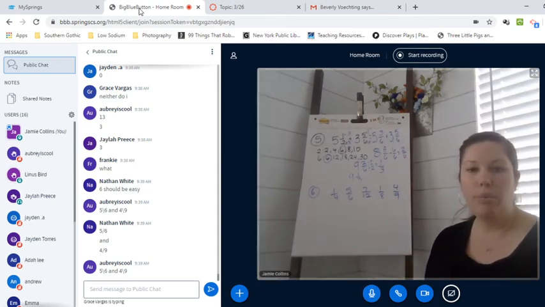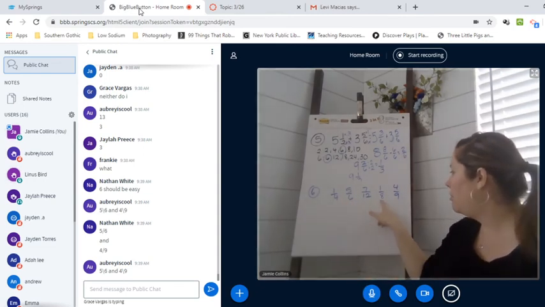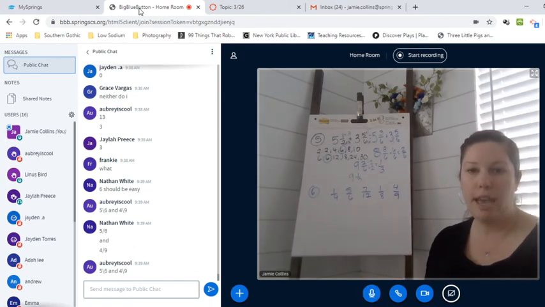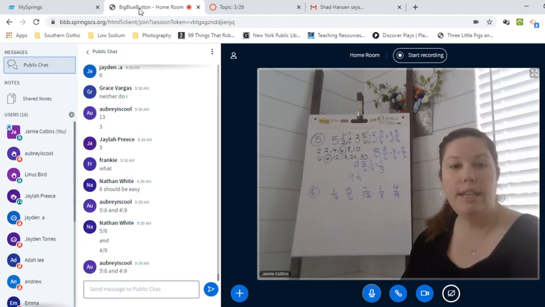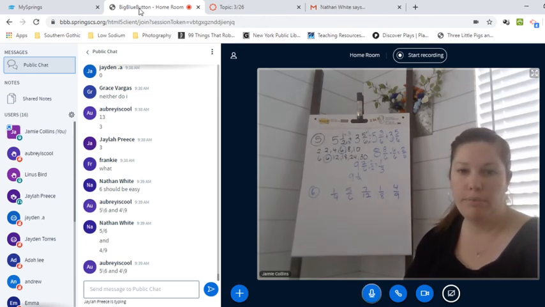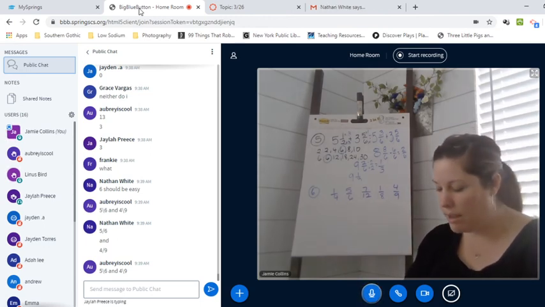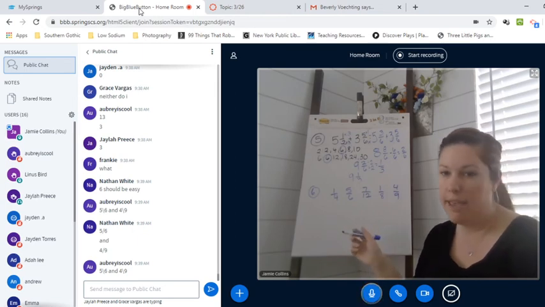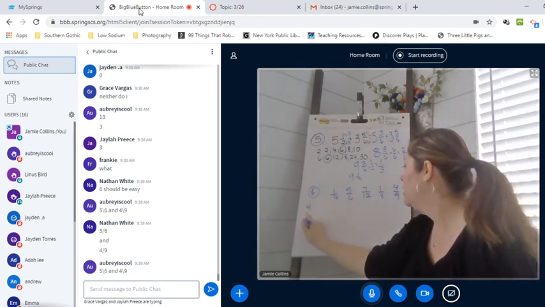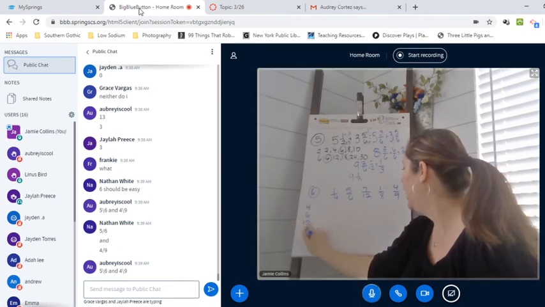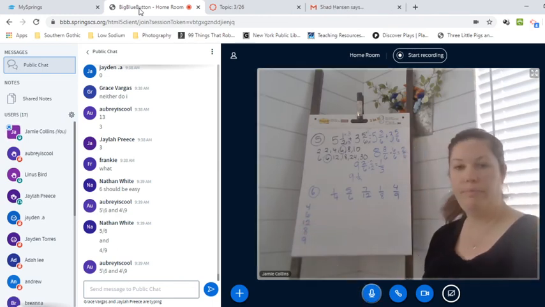Okay, so now what we're going to do is we're going to take our denominators and we're going to create LCMs for each one of them. What is that? That is our lowest common multiple. And we're going to be looking for the number 18 when we do this, okay? So 4, 6, 12, 8, and 9.